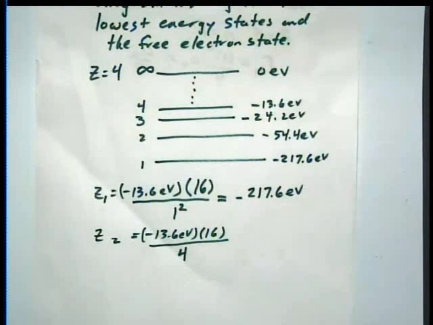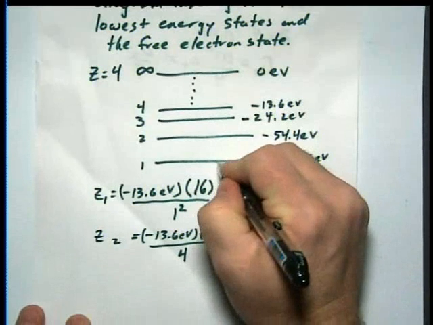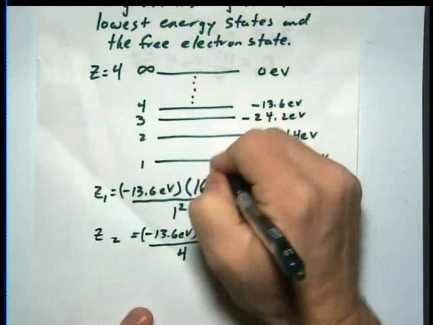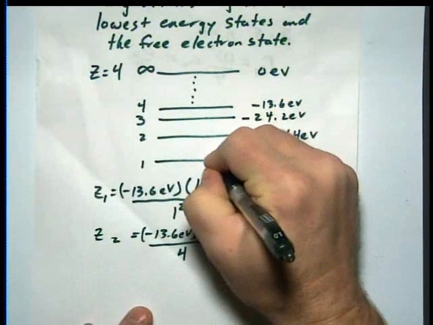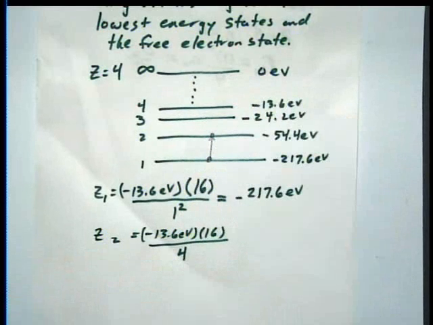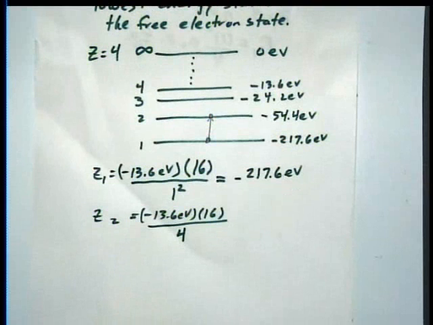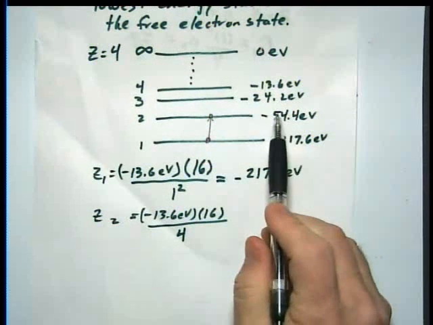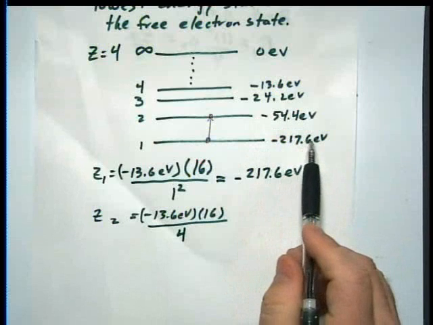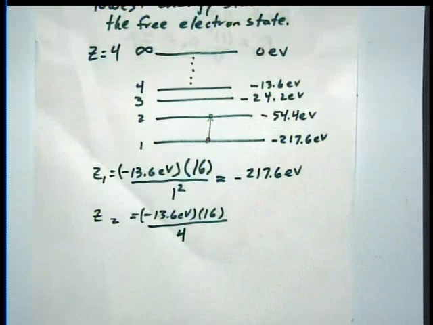And with that table now done, you can ask questions like, how much energy is required to excite it to here? You take 54.4 negative, and you subtract a minus 217.6, and you have the answer.